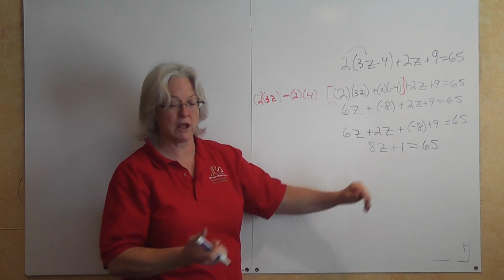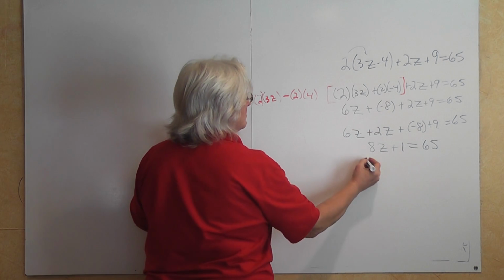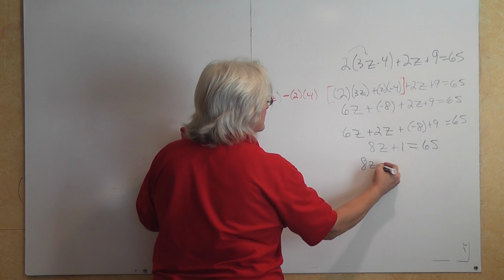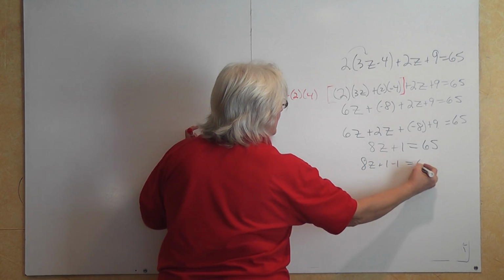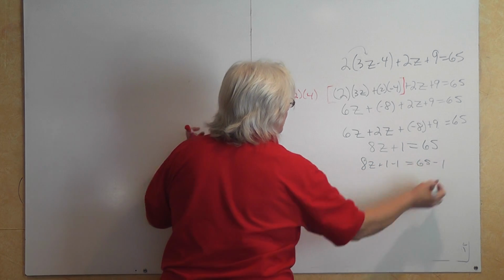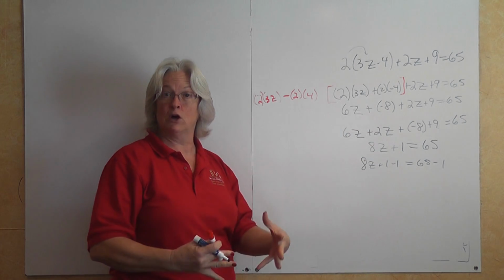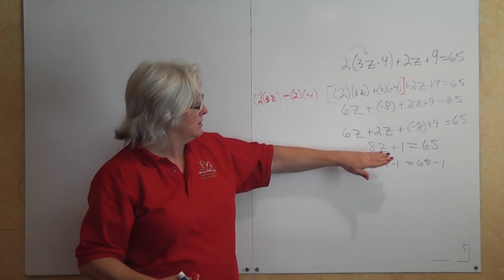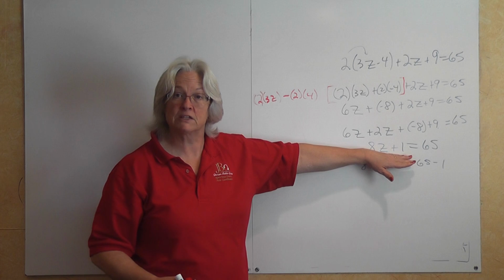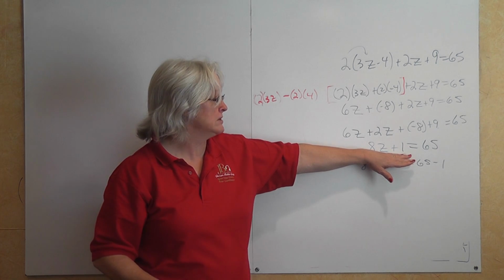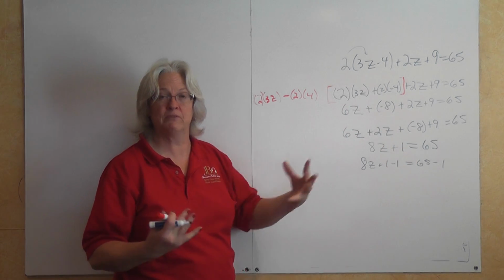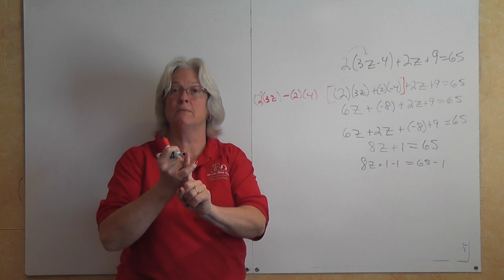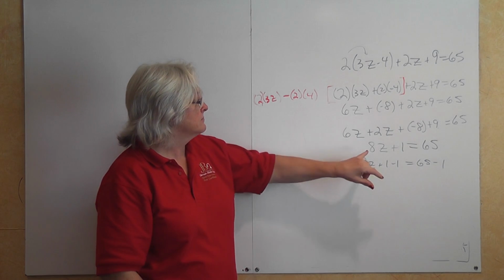So I'm going to subtract a 1 from both sides of the equation because I am doing my best to isolate the variable. How did I know to subtract a 1? Well, I look over here on the left-hand side of the equation where the variable is, and I say, okay, what happened?